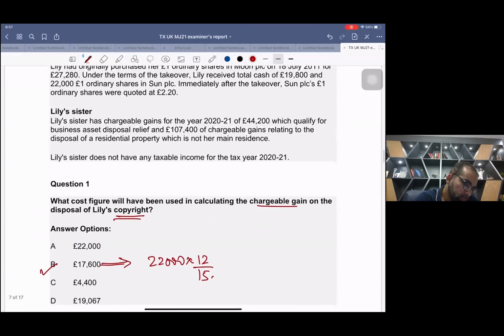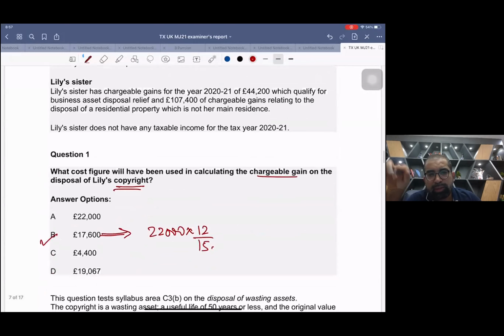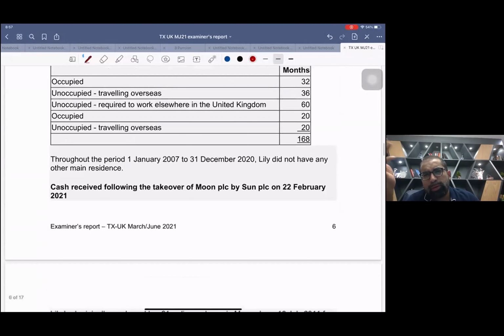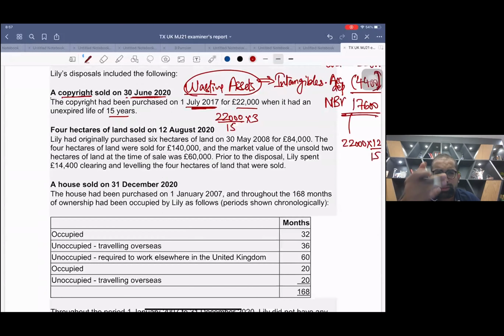Now, next. You remember we did this part disposal thing. Part disposal is a very common feature of all CGT classes. 4 hectares of land sold. Lily had originally purchased 6 hectares in total on 30th May 2008 for 84,000.